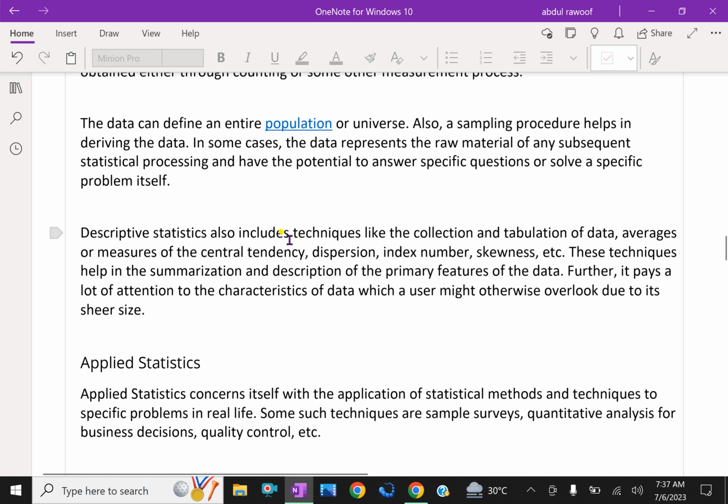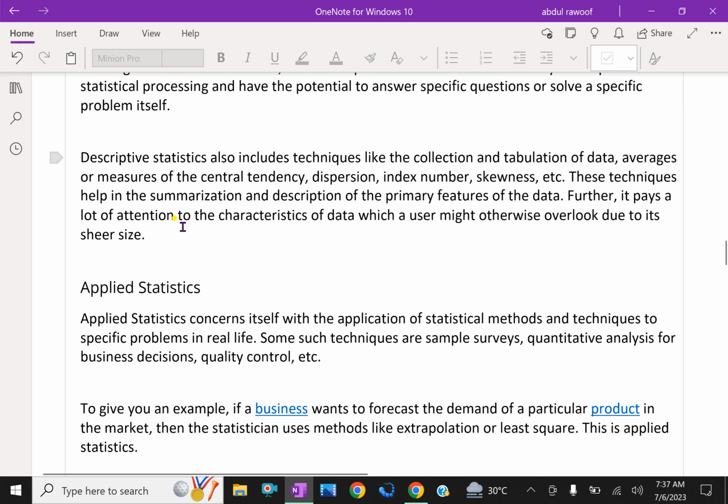The data can define an entire population or universe. Also, a sampling procedure helps in deriving the data. In some cases, the data represent the raw material of any subsequent statistical processing and have the potential to answer specific questions or solve a specific problem itself.